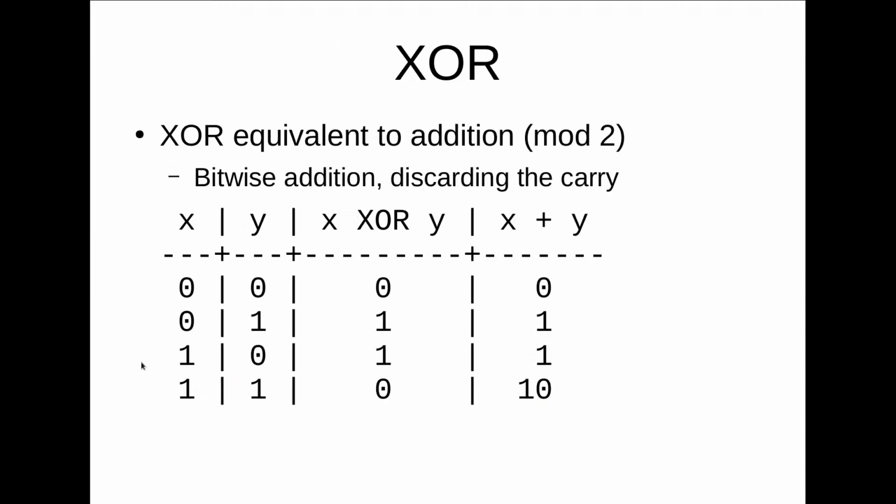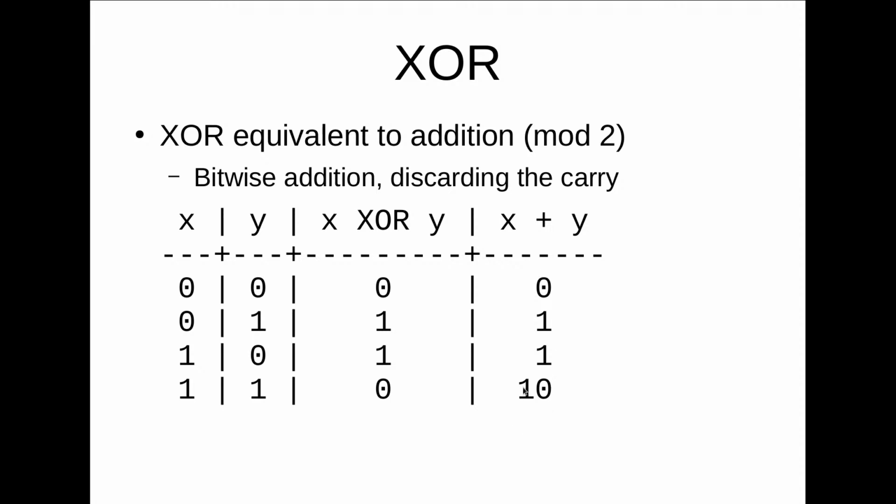And then XOR is a common operation, but it's basically equivalent to addition mod 2, where here you can see X and Y, and then if you take the XOR, then you get 0, 1, 1, 0. And if you add the two in binary, it would be 0, 1, 1, and then 1, 0.